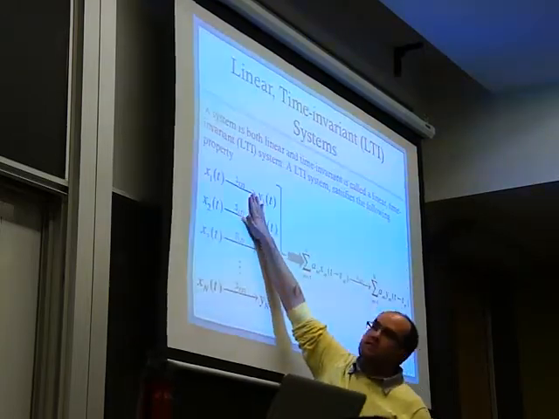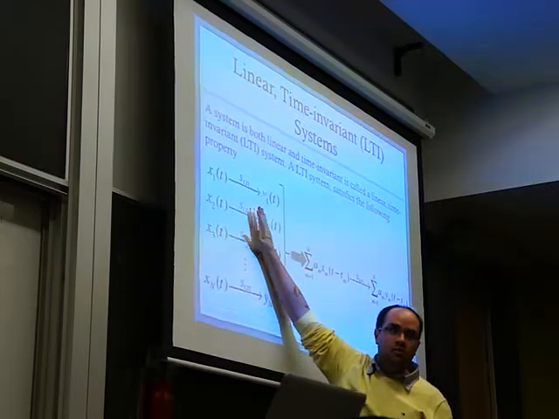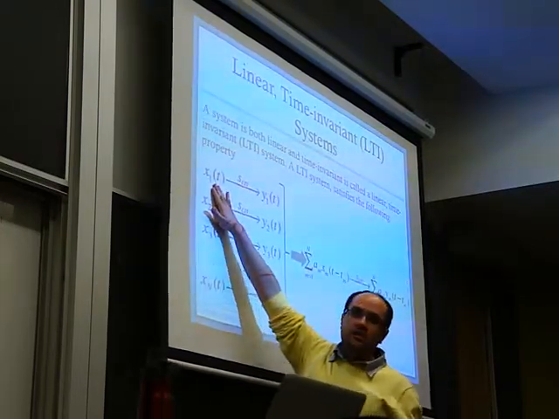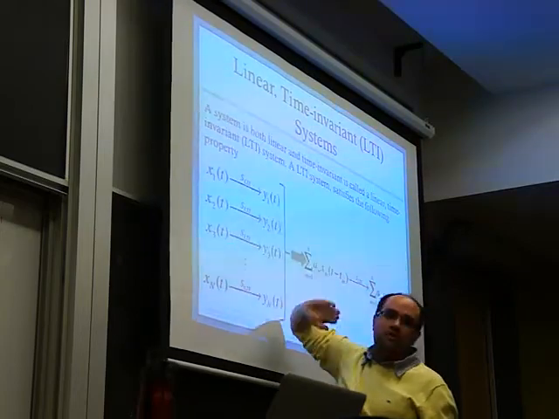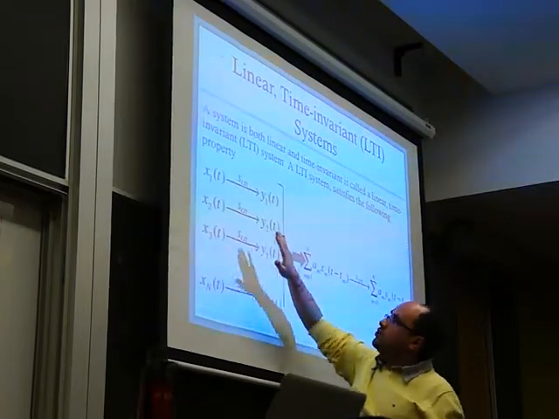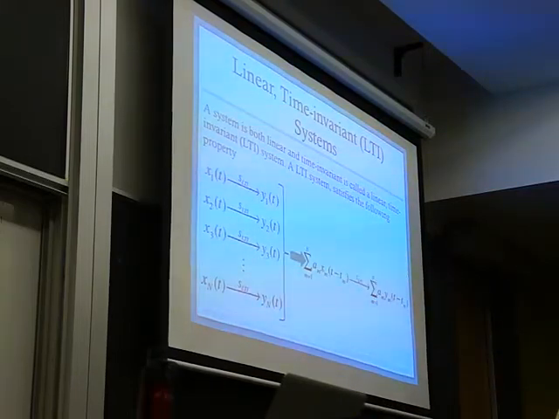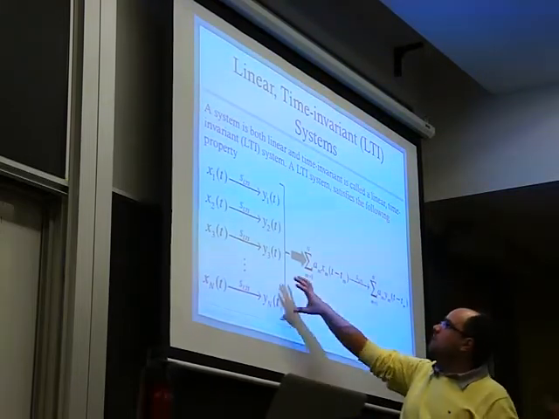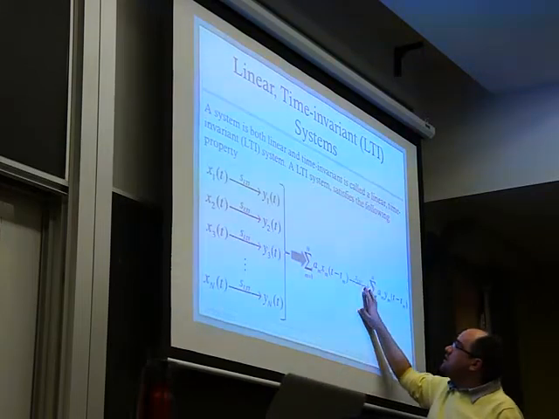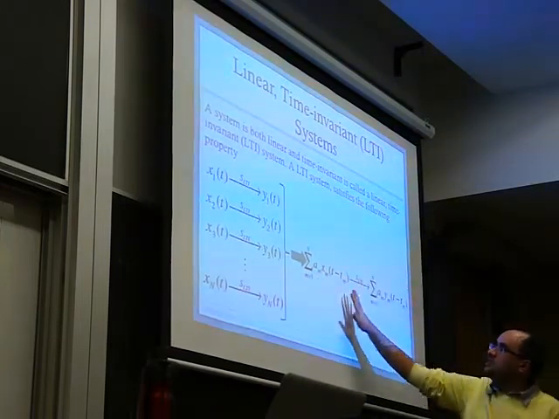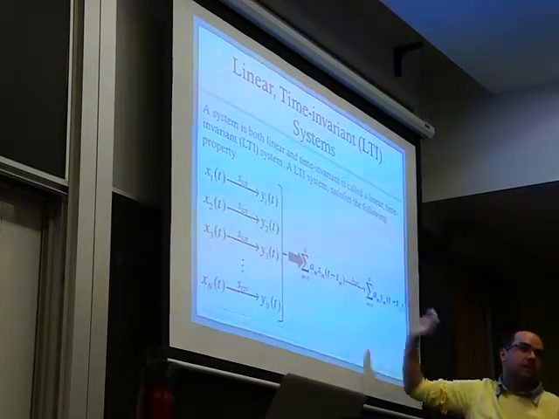And this is the assumption. I assume my linear time invariant system, when this is the input x1, the output is y1. When x2, it's y2, and so on. I can make any assumption I want. But then, using this assumption, if I can show that the system satisfies this property, the system is linear and time invariant.